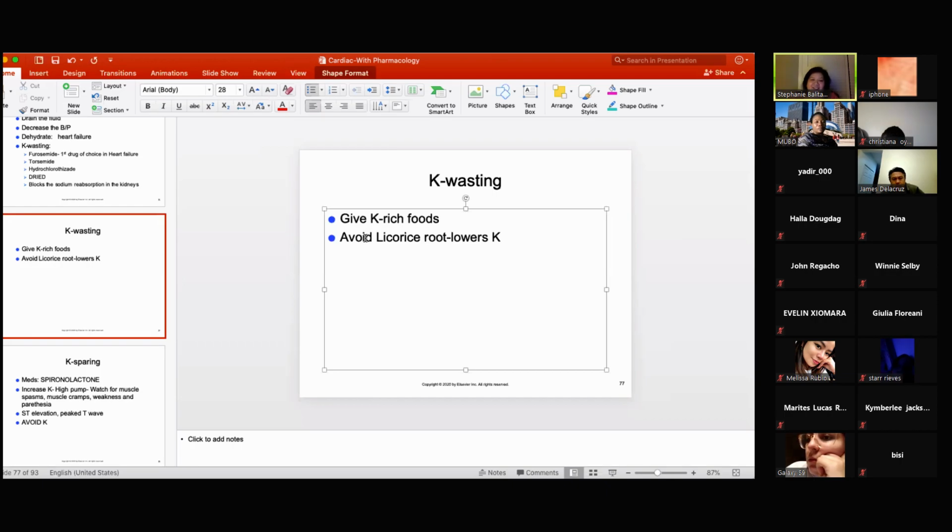This is very interesting. You guys know licorice, right? Avoid it, not the red one, but the black one, because licorice root lowers potassium levels for some reason. You should know this because this will pop up in select all that apply questions also.